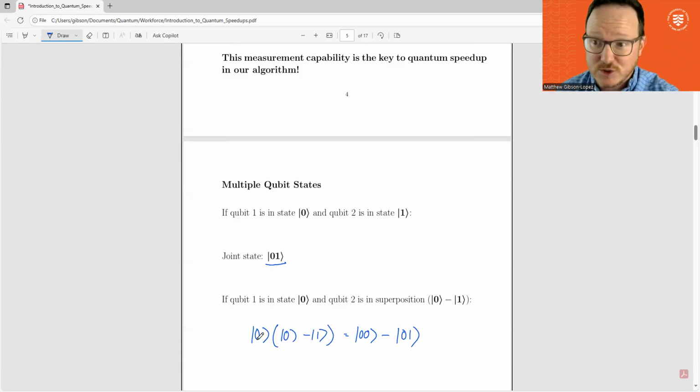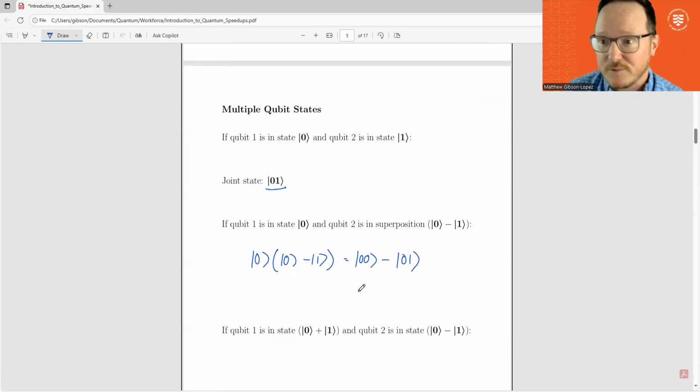We had a sign of plus 1 on this 0, so with plus 1 and plus 1, this is still going to be plus 1, 00. But then this plus 1 times this minus 1 gives me this minus 01. The superposition state is basically 50% 00 and 50% 01, and the signs disagree.